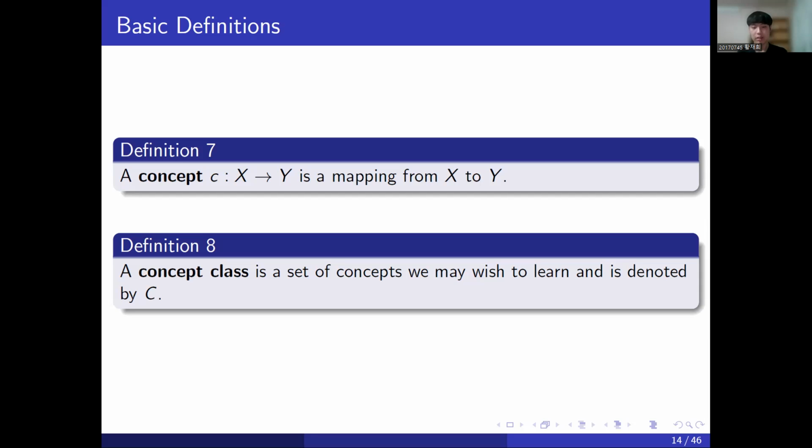You can think that a concept is just a function from X to Y, and a concept class is a set of concepts, which means a set of functions, which we may wish to learn. Also, assume that we are planning to learn an algorithm through machine learning. Then in this case, the concept class is kind of the ideal algorithm which we wish to learn.